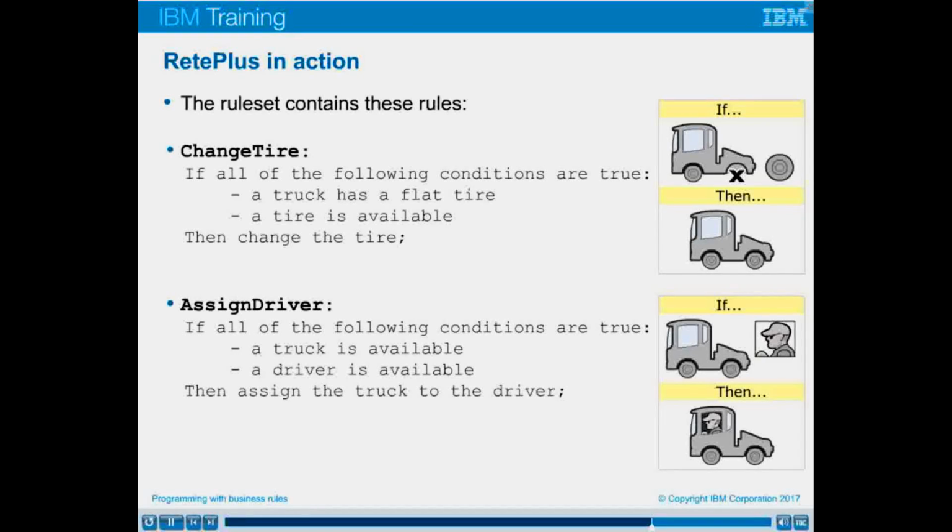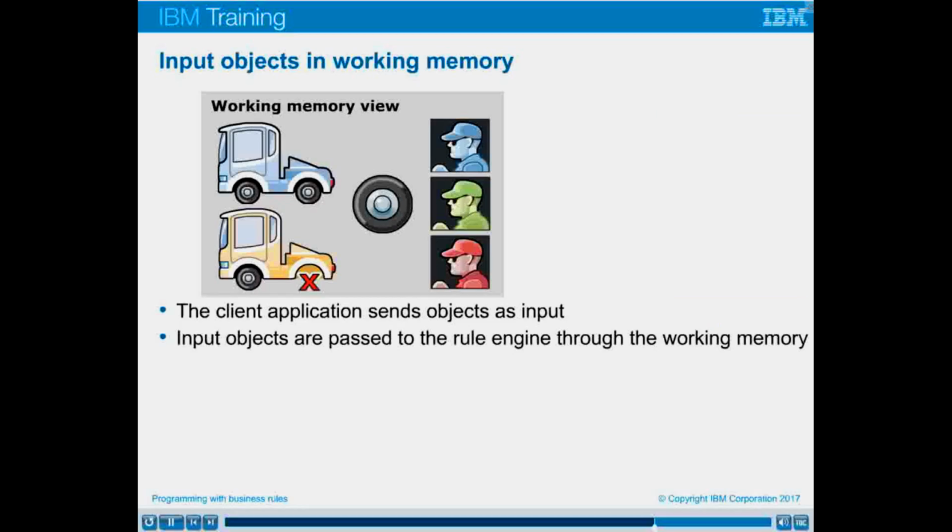As a first step, the rule engine loads the rule set, which in this case contains the two rules. From the client application, you see two trucks, a tire, and three drivers as input to the rule engine, and these objects are inserted into the working memory.